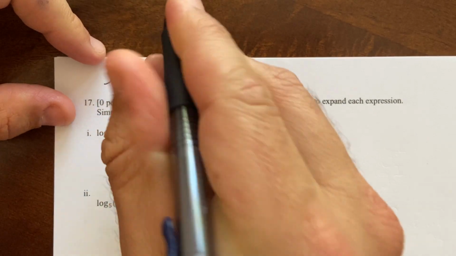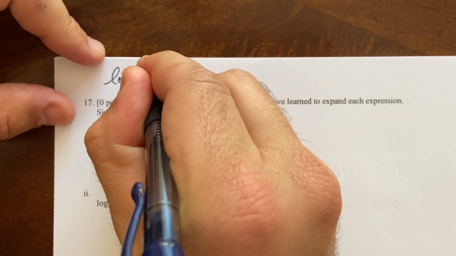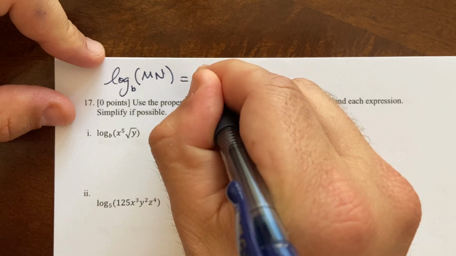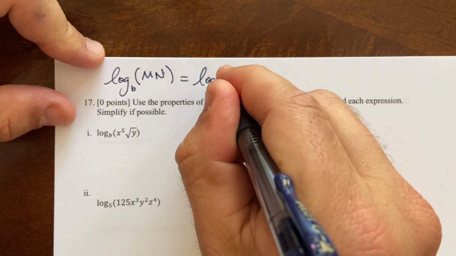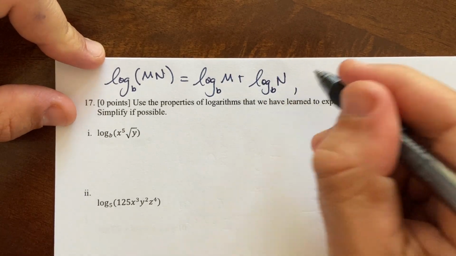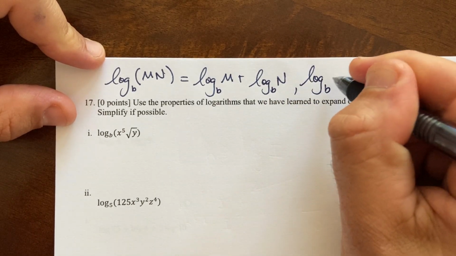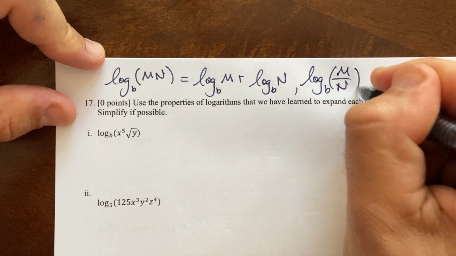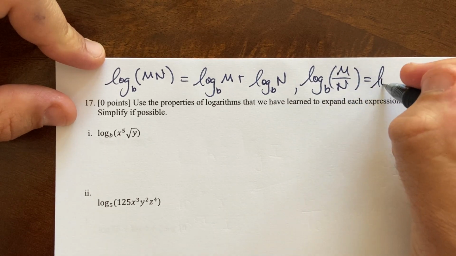So log base b, if you have a product, m times n, you can split that up into a sum. If you have a quotient, you can split that up into a difference.